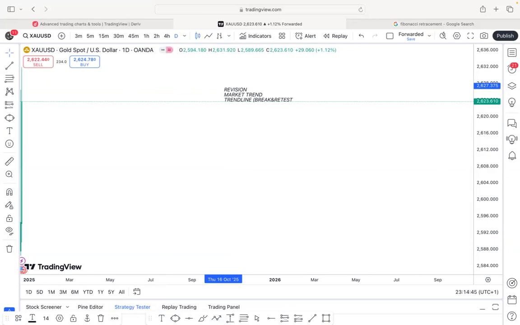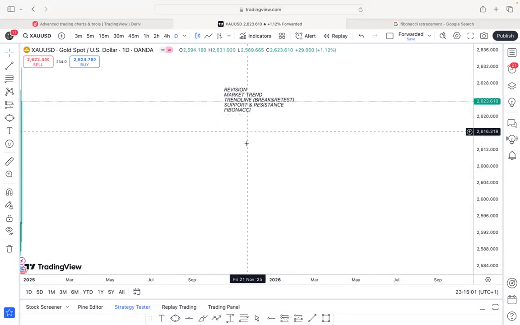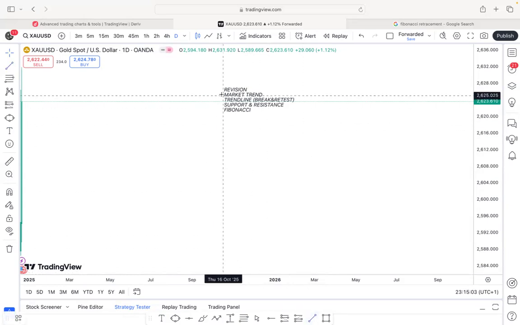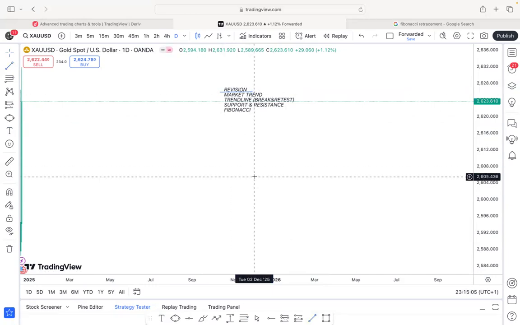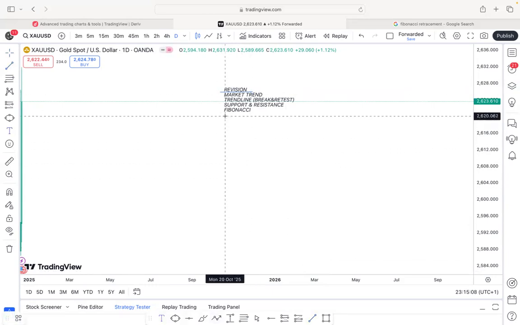How to identify break and retest of a trend line. Number 3, I'm going to talk about support and resistance again, for those of you who might not be understanding what has been going on so far, then Fibonacci. We are going to be doing a put together of everything before we move into our next topic, which is candlestick.